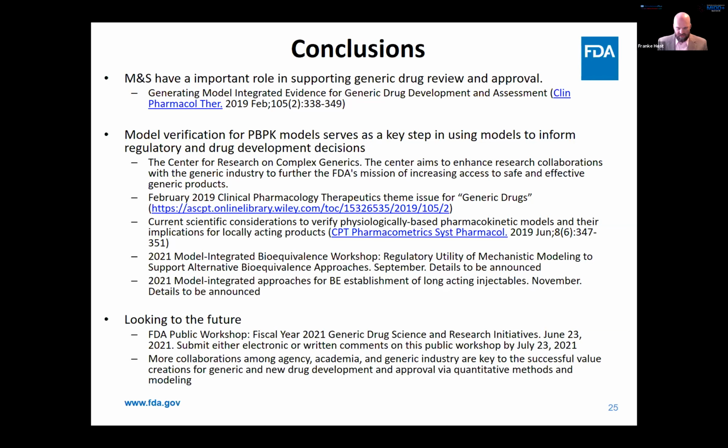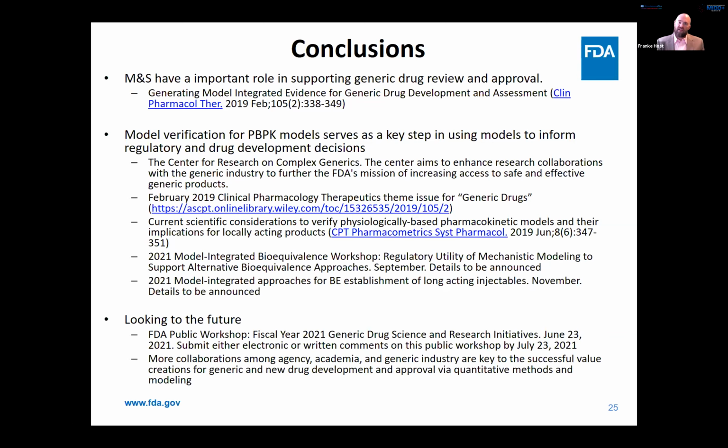Yeah, makes sense. Let's see if there are questions coming through. One of the things that I know a lot of generic companies are really excited about is the idea of using modeling in lieu of conducting a PK BE study.